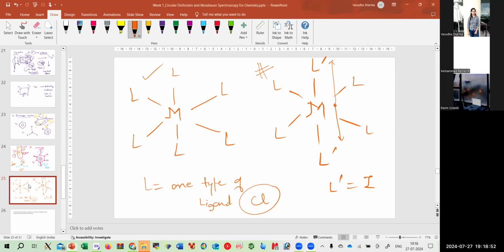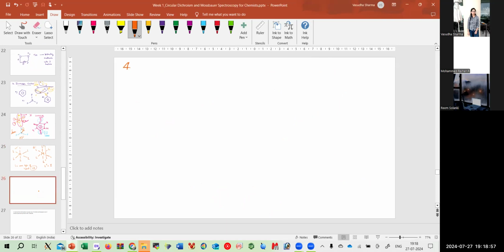Now we will move to another symmetry element, which is improper axis of symmetry. The first one we read was proper axis of rotation. This is improper of proper axis of rotation because it consists of two elements together.